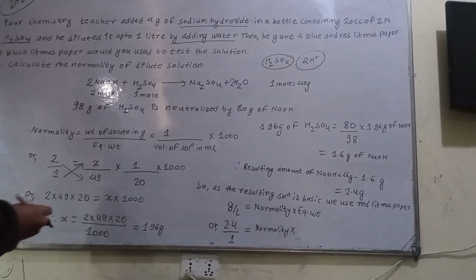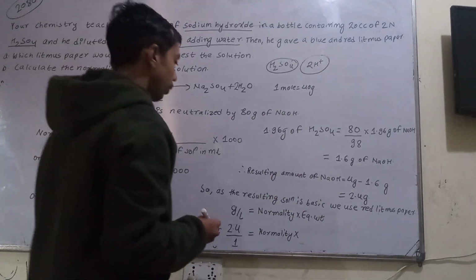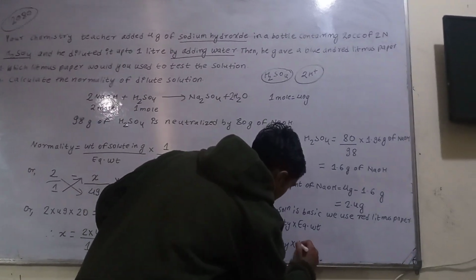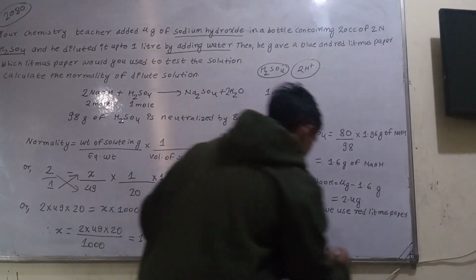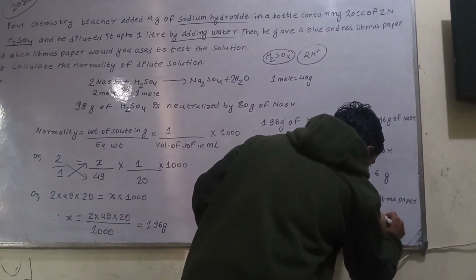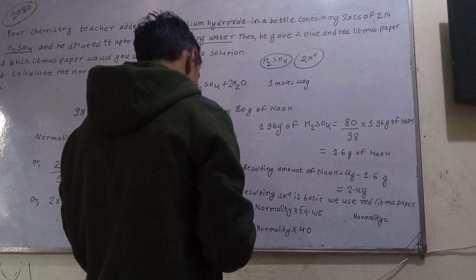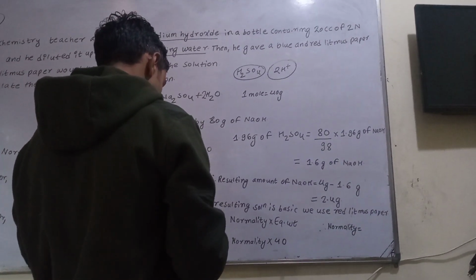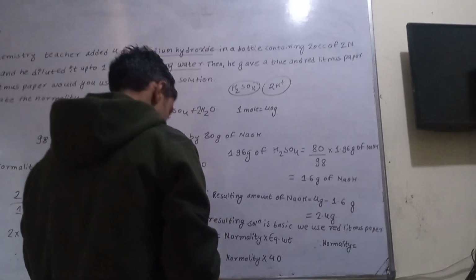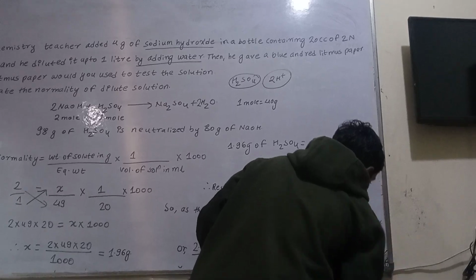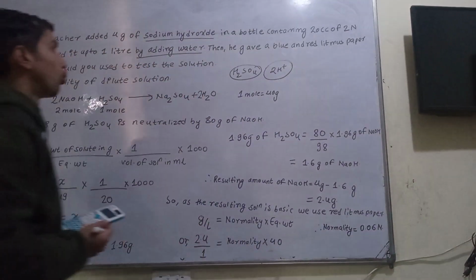Here the equivalent weight and molecular weight of NaOH are the same, because there is only one OH ion. This is equal to 40. Therefore, normality is equal to 2.4 divided by 40, that is 0.06 normal. This is the solution of this question.